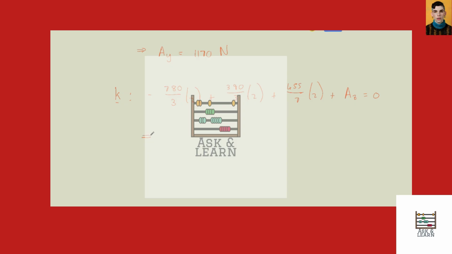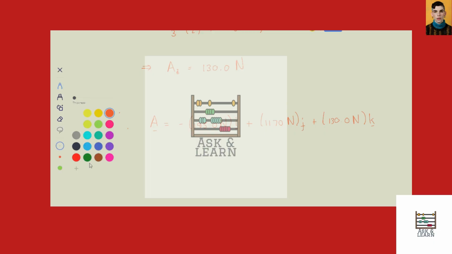And again, we solve for the one unknown, and we get AZ, the z component of the reaction, to be positive 130 newtons.